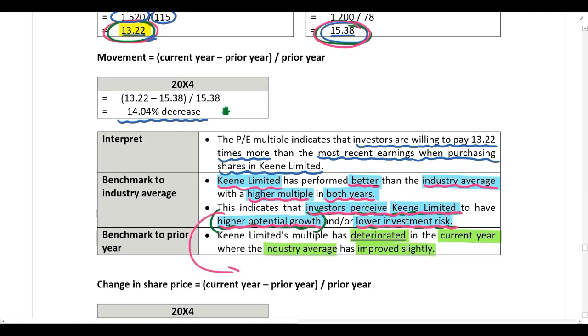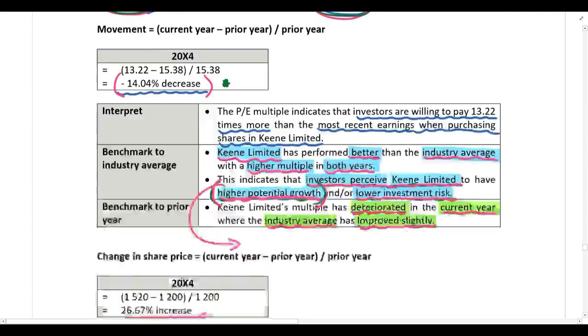Now guys, we are calculating the growth in earnings per share. So that's why we can link our discussion to the PE multiple, because we are calculating growth. And a high PE multiple indicates higher potential growth. However, we did also calculate that the price earnings multiple deteriorated from the prior year to the current year, whereas the industry average was actually improving from the prior year to the current year.